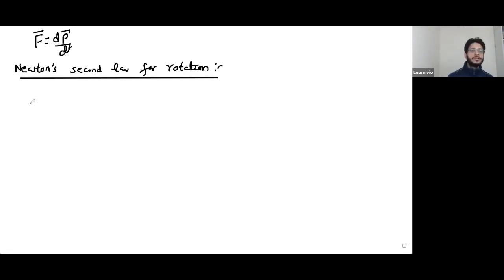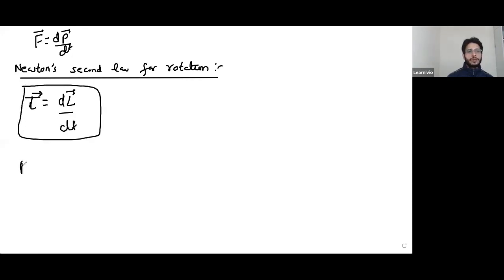Next, Newton's second law. For rotation, Newton's second law is: instead of force, we use torque, and instead of momentum, we use angular momentum. So your torque is dL over dt. If you want, you can prove it. It's a two-line proof. Say your L is r cross p. I can differentiate this equation with respect to time.